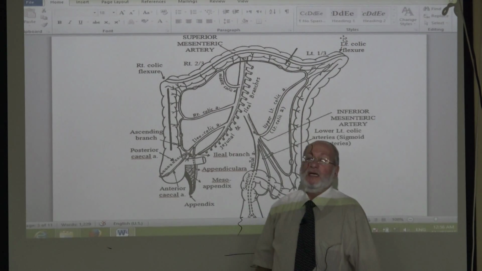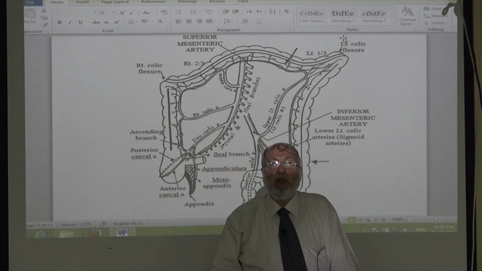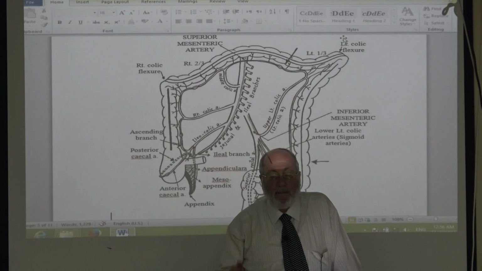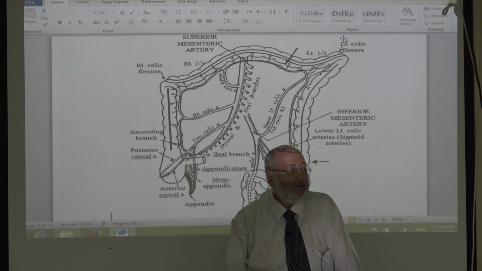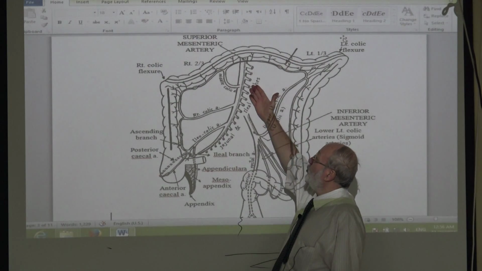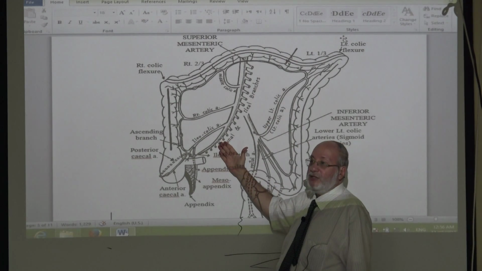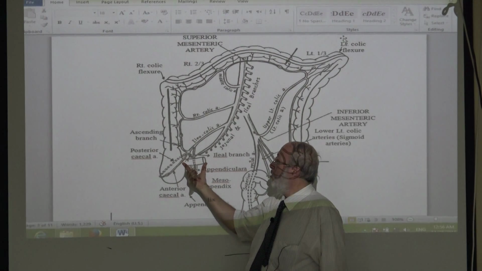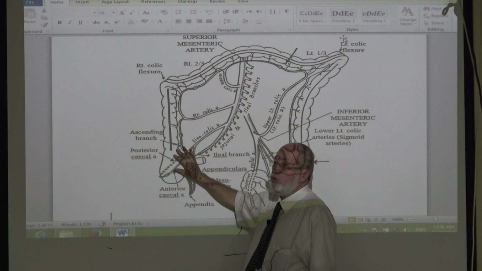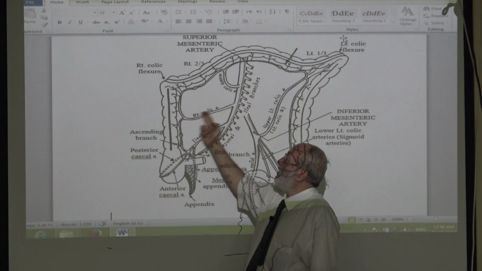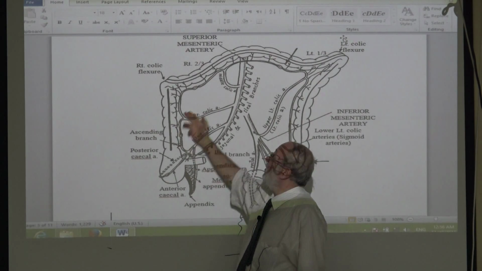Revision again. The superior mesenteric, first of all, supplies the lower part of the duodenum and the lower part of the pancreas by the inferior pancreaticoduodenal artery. Then it supplies the mobile part of the small intestine by jejunal and ileal branches. The terminal 10 inches of ileum and the beginning of the colon are supplied by the ileocolic. The right side of the colon, by the right colic.